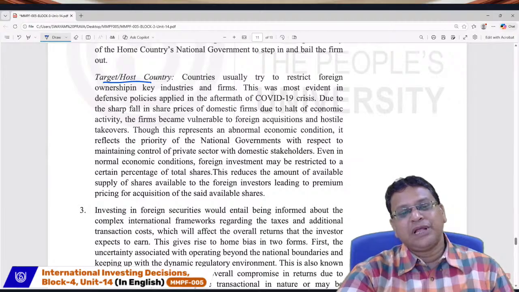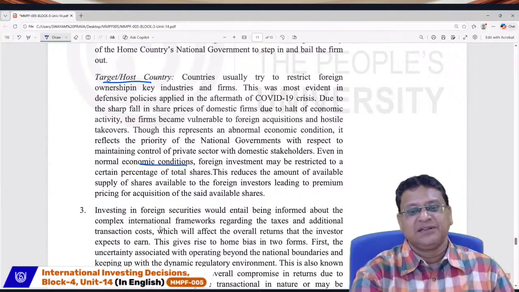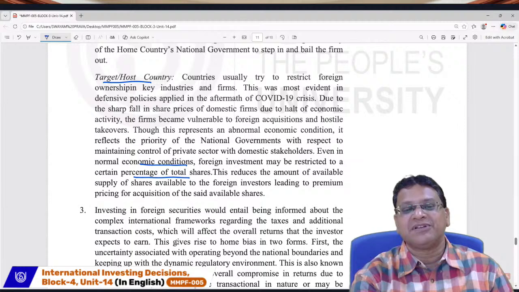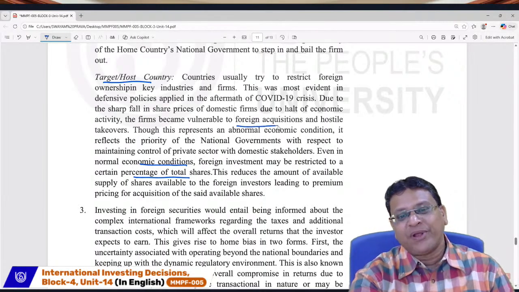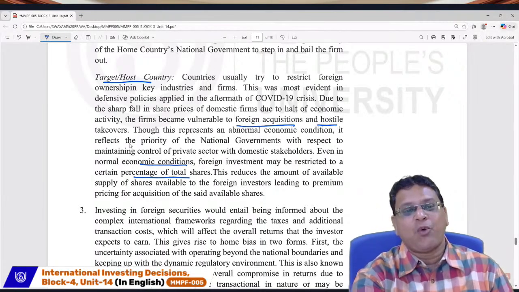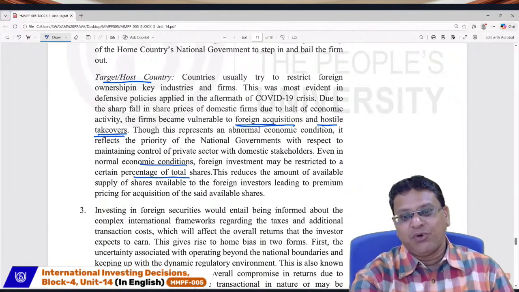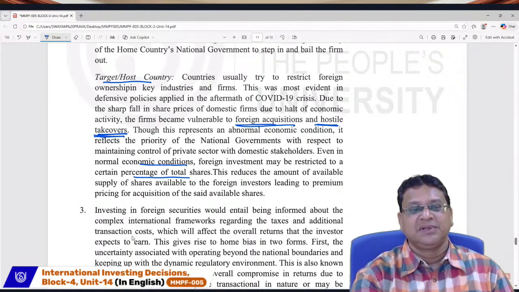Normally, if the economic condition of the host country is not perfect, it puts some restriction on the percentage of foreign investment so that their country's companies cannot be taken away by the foreign investors. They want to avoid foreign acquisition and foreign hostile takeovers, so they put certain restrictions.